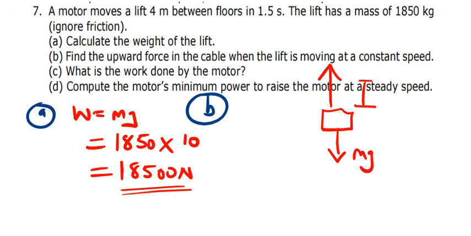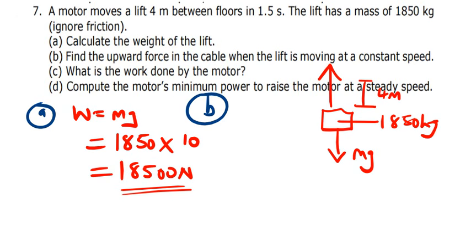We've been given the distance between the floors, 4 meters. This lift is 1850 kg. Probably you're going to be using a cable. That's why they're talking about finding the upward force in the cable.